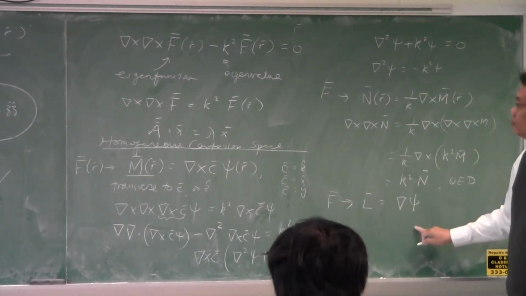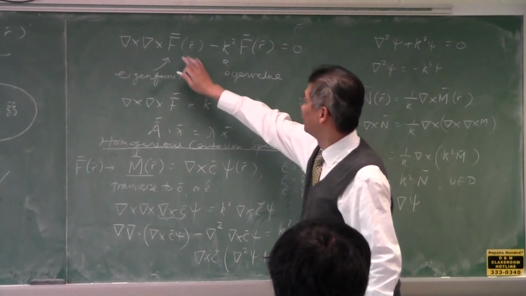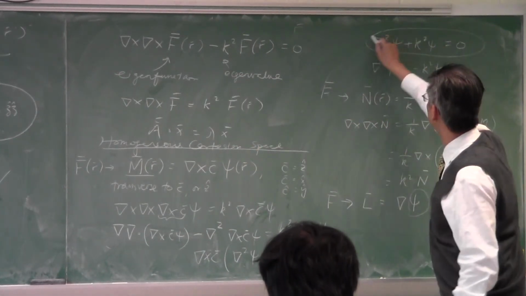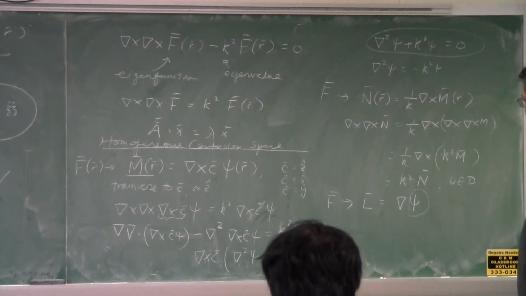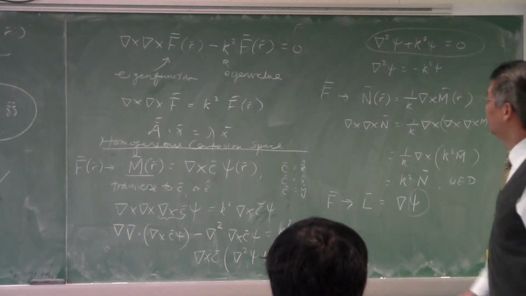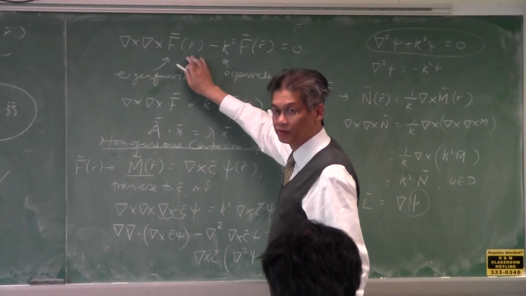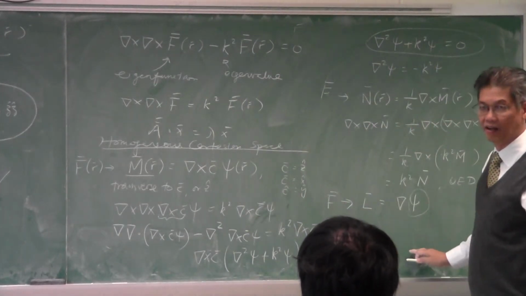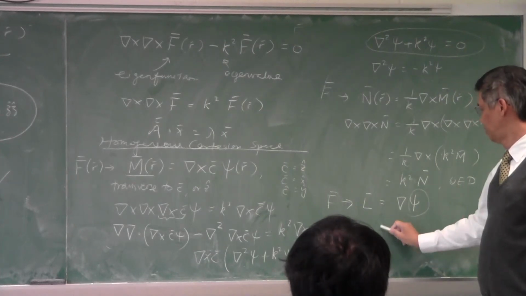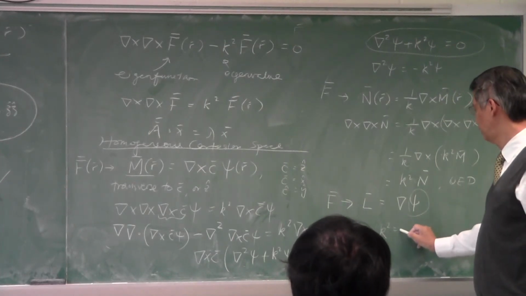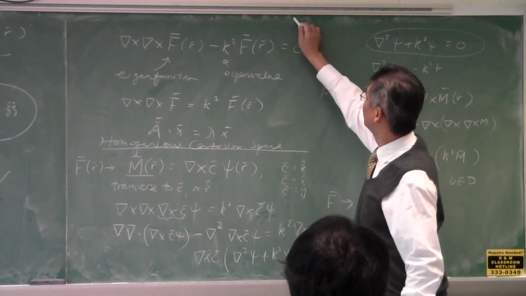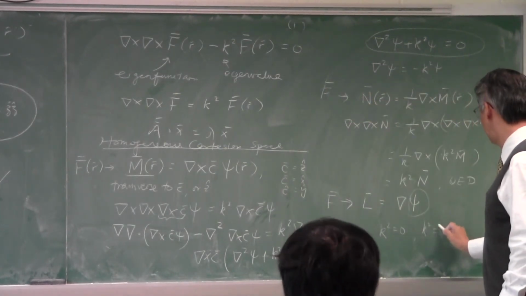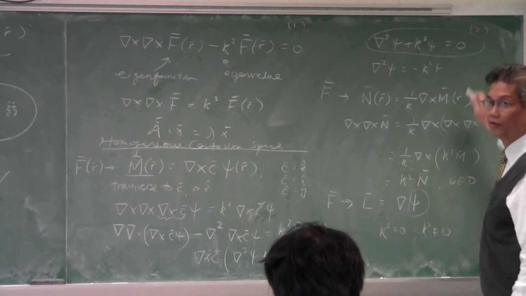If I define my L to be of that form, then my psi always comes from this equation over here. Okay? Then it always makes the first term go to 0. Then what is the eigenvalue that corresponds to this L? K squared is equal to 0 in this equation 1. Okay? But K squared is not equal to 0 in this equation 2.